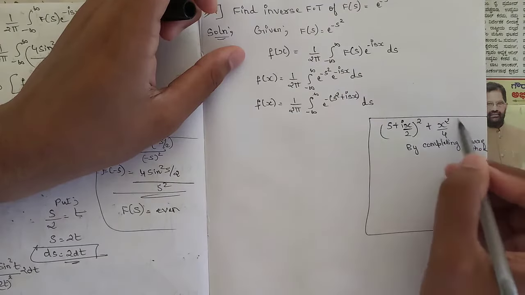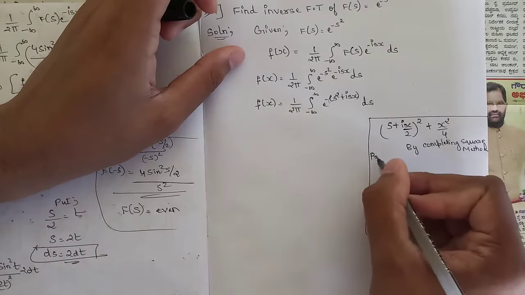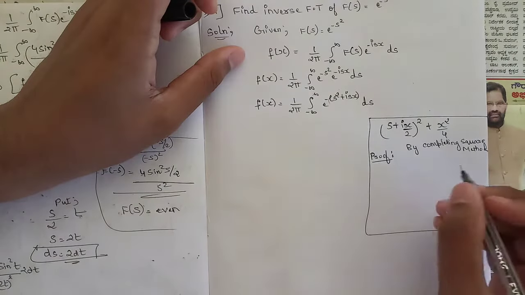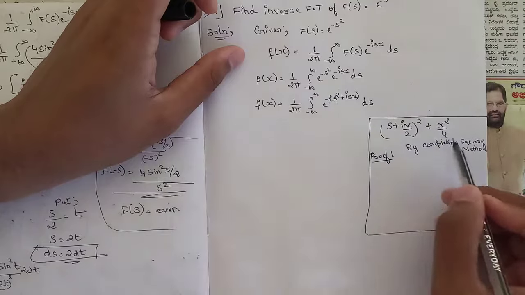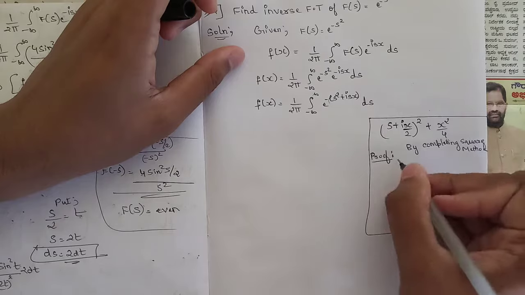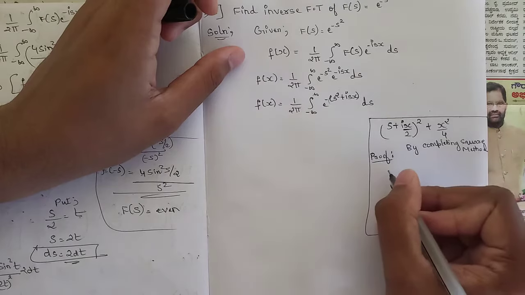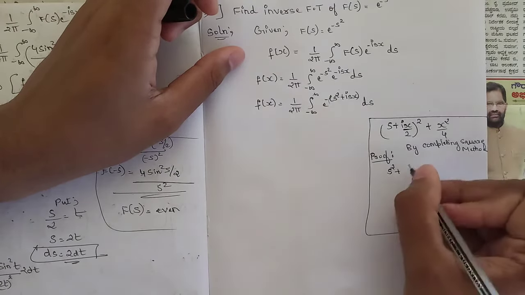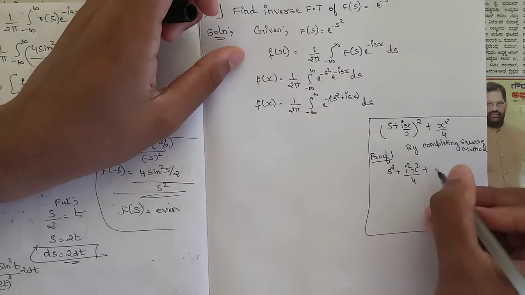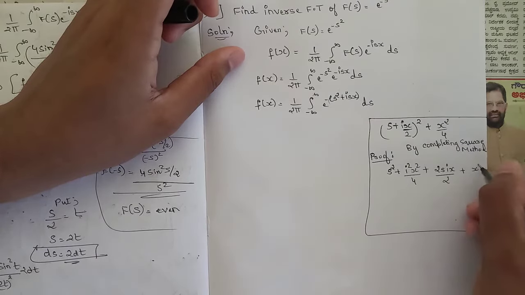This is of the form (a + b)², so put the identity: a² + b² + 2ab, that is s² + i²x²/2² which is 4, plus 2·s·ix/2, plus x²/4 as it is.